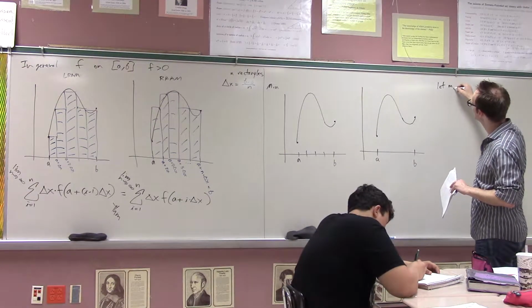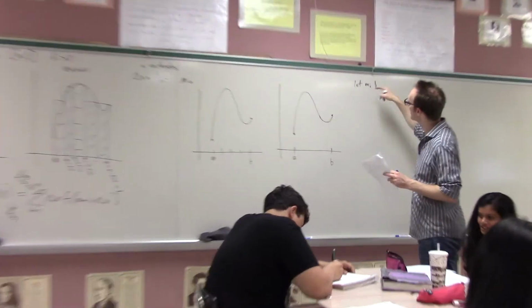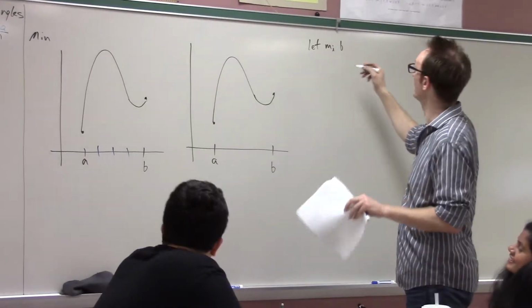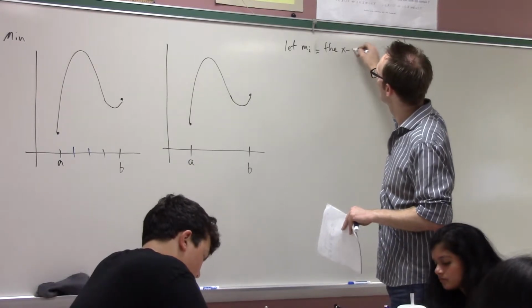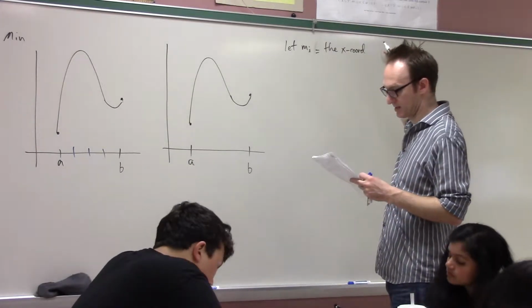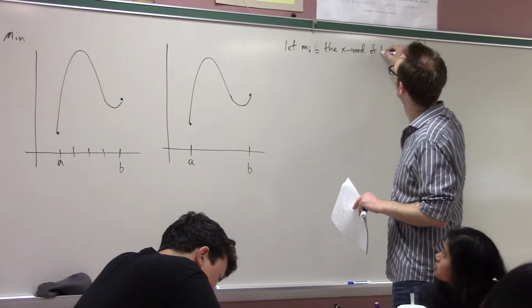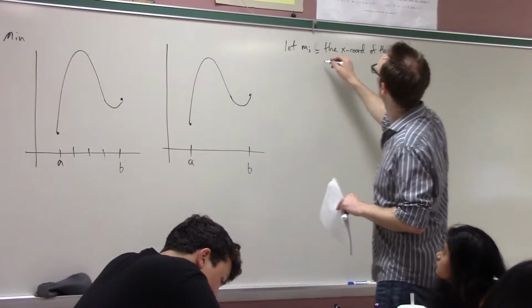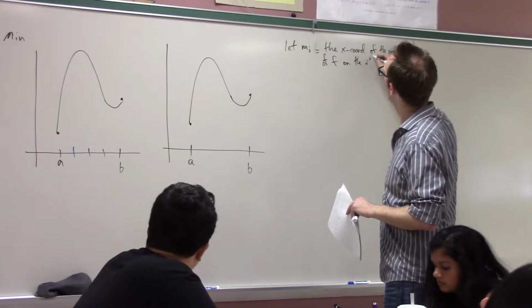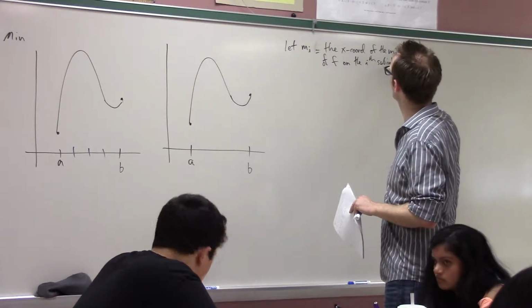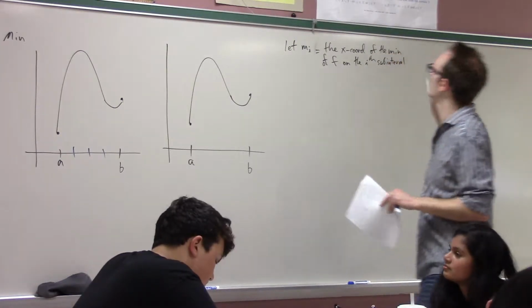Let m sub i be equal to the x coordinate of the minimum of f on the ith subinterval. It was kind of in the last section, but now we're talking about it for real.